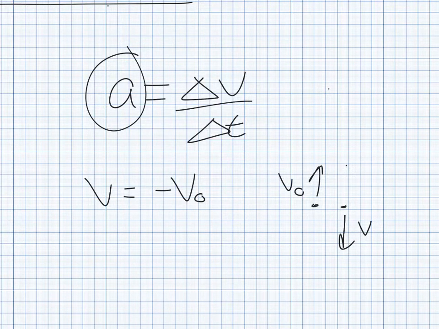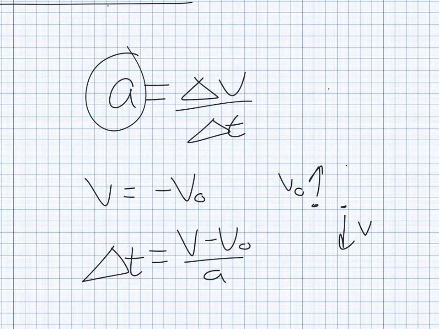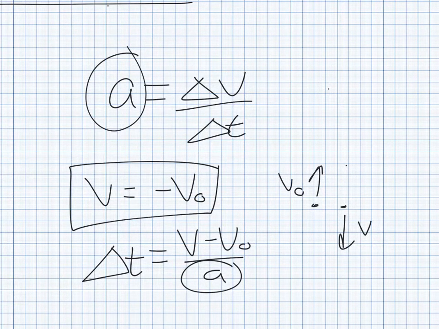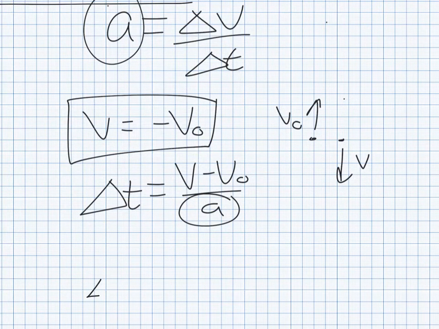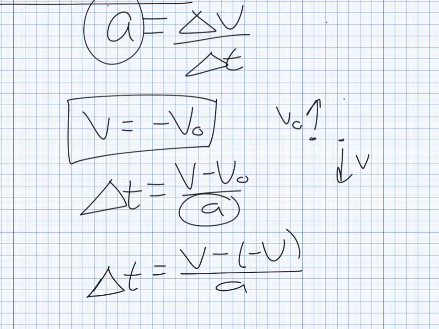So if we solve for time, delta t will be equal to delta v, or v minus v0, over a. a is the same for both. v minus v0, well, v is equal to negative v0. So if I keep going here, I should replace it with v0 since that's our thing.